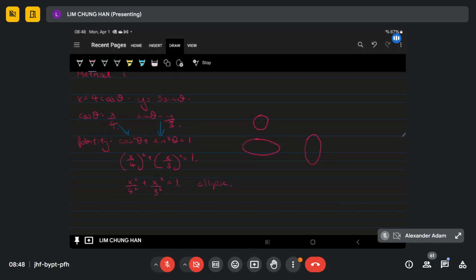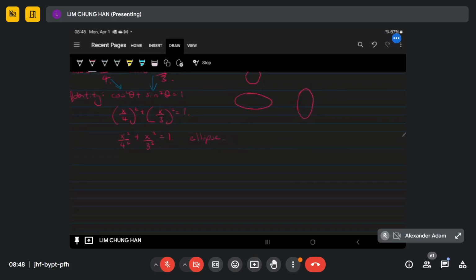An ellipse is when the x-axis radius is different from the y-axis radius.